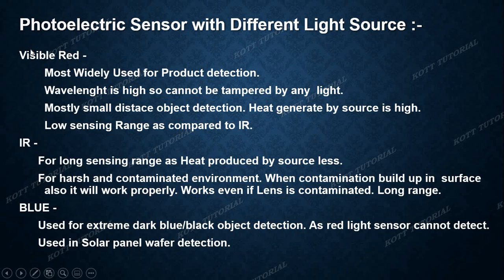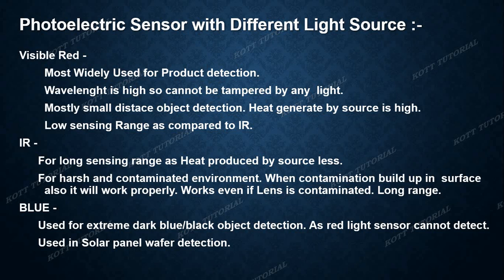So the first type is the visible red light. See, visible red light photoelectric sensors are most widely used in industrial applications. More than 60 to 70% of industrial sensors you can find with visible red light only. The reason is that the wavelength is high as compared to other light, so it cannot be tampered with by any other light.